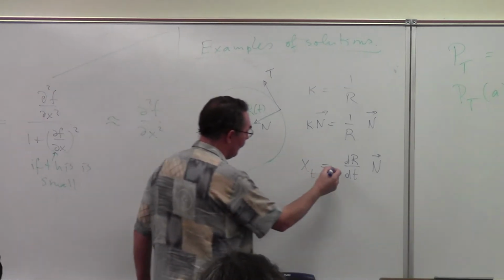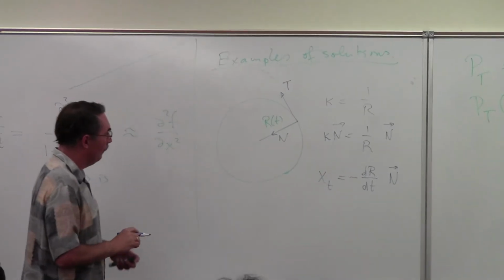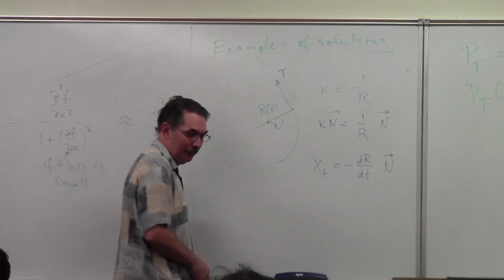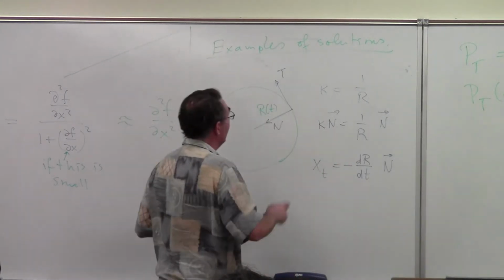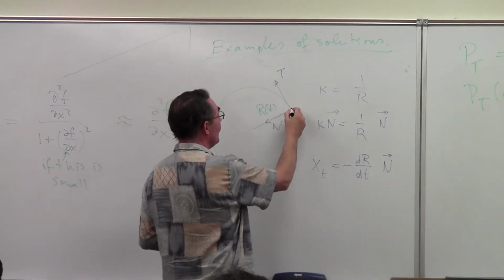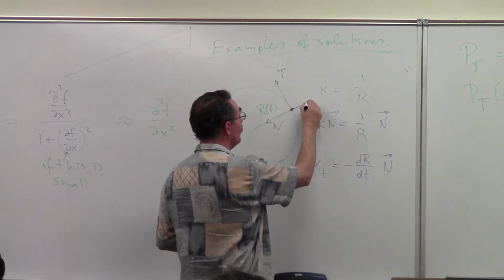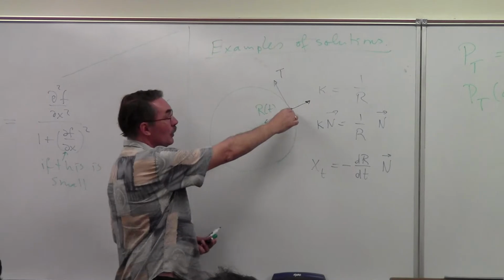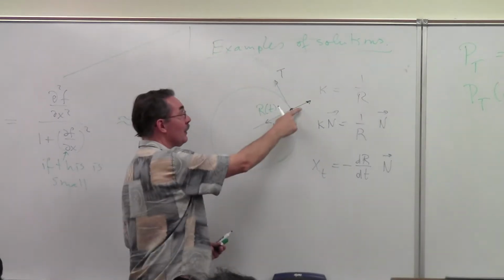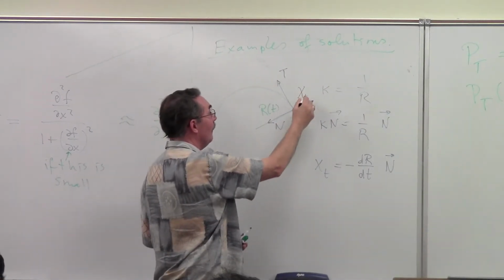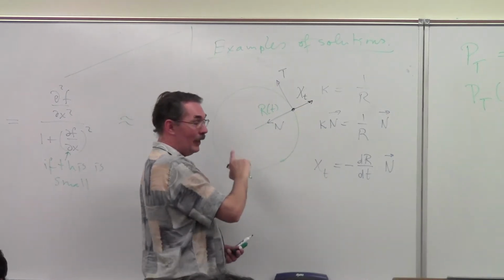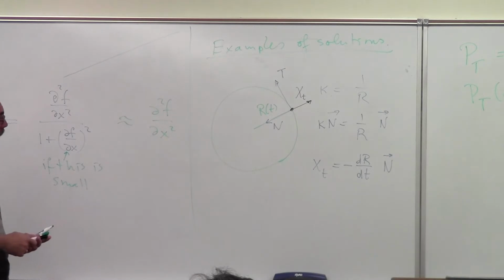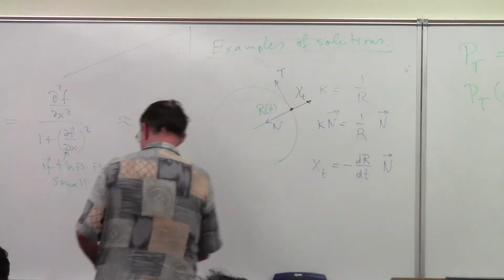It's minus this. Why is it minus that? If dx/dt is a positive multiple of n, that means that this point is moving outwards. And my unit normal is pointing inwards. So this thing is a negative multiple of n. That's why I have a minus sign here.